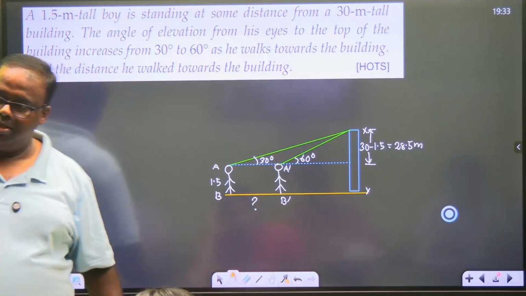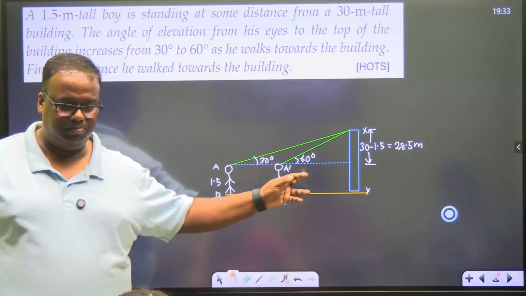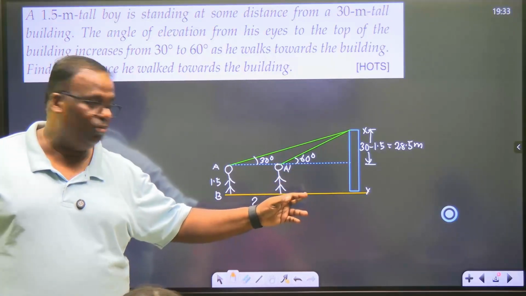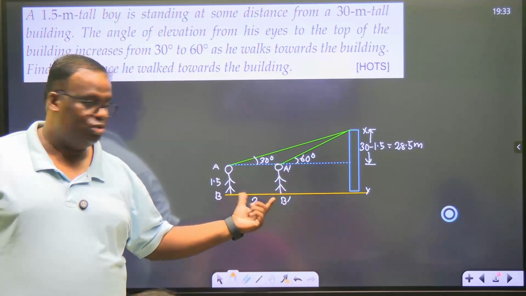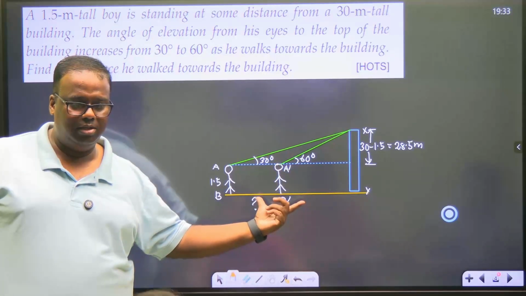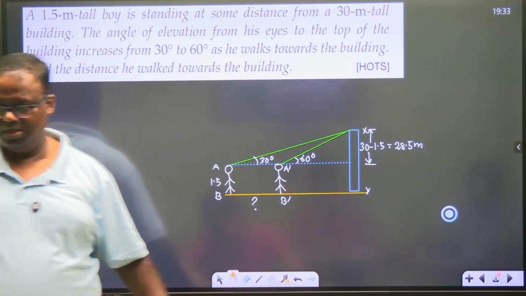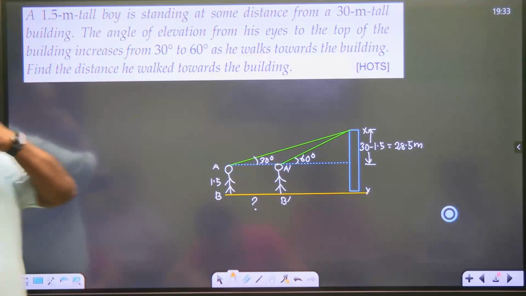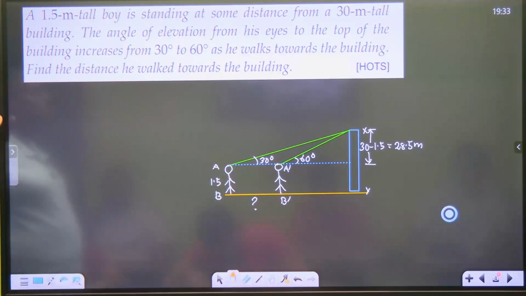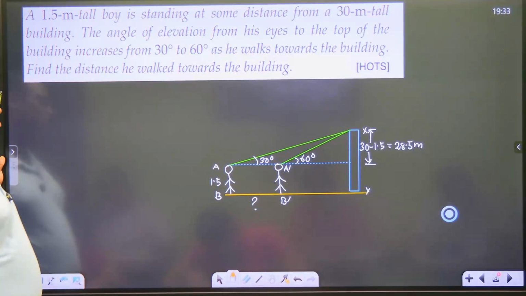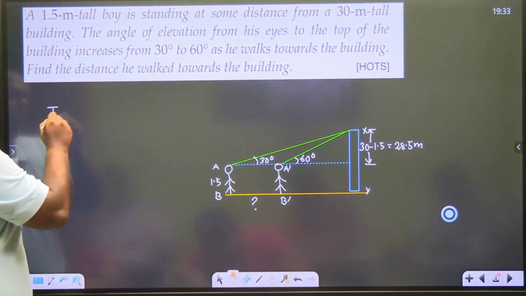Got it? Your triangles are only on the top. So you have to find what? You have to find this. So if you calculate this or the whole one, then also you know it is this much. Brother, it's an easy problem. You take tan 60, your job is done. How much is tan 60, beta?